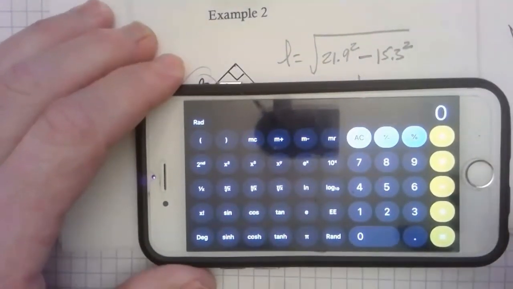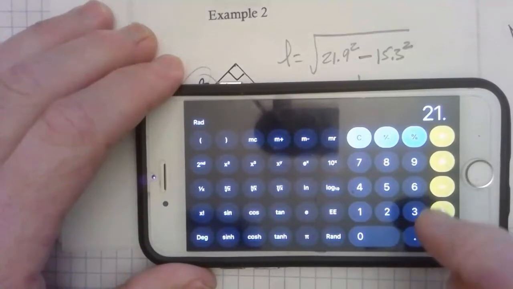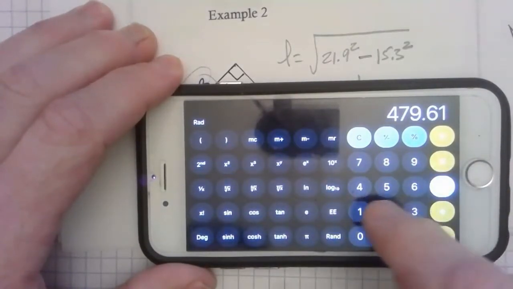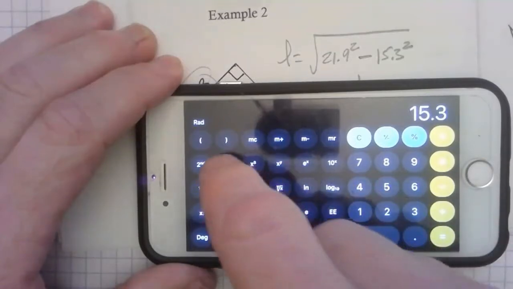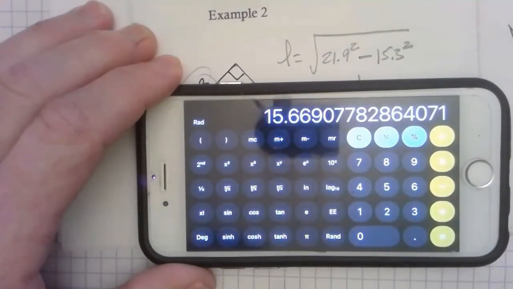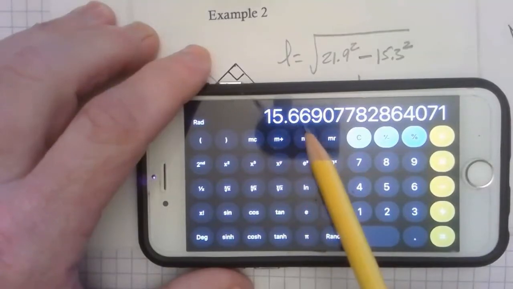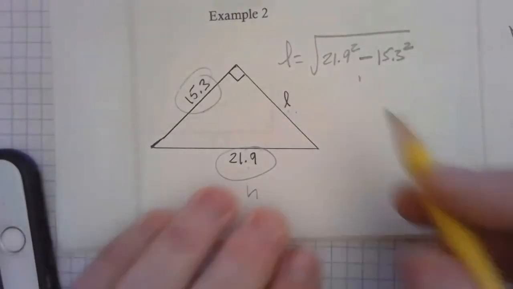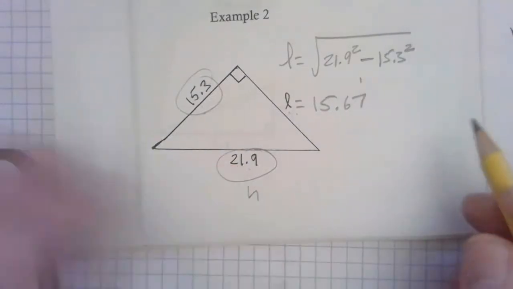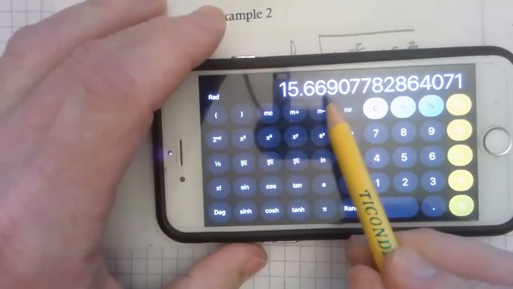So 21.9 squared minus 15.3 squared, hit equals, then take the square root, and 15.67 we'll say. The 9 bumps that 6 up to a 7, which is where that comes from.